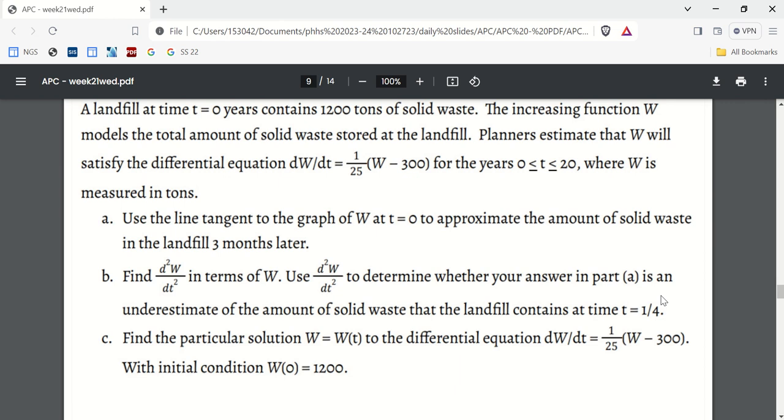They did not. Let me check. Hold on. I swear they had a diagram for this number 9. Huh. I guess not. No problem.